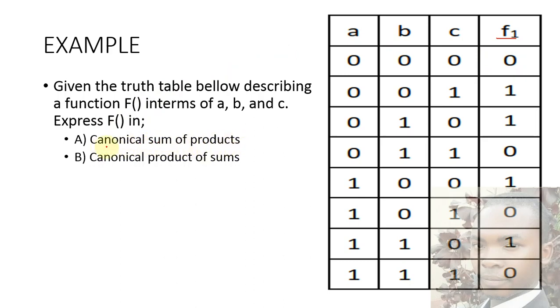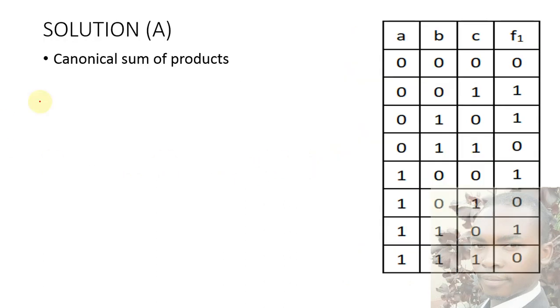So remember, canonical sum of products, in short, is min terms. So they want us to express it in terms of min terms, and then in terms of canonical product of sums, that is max terms. Okay, so let's go on and answer number 1.